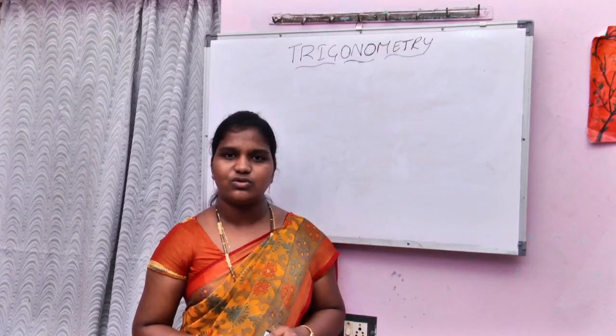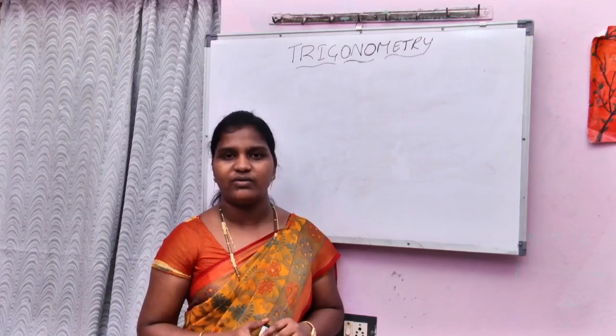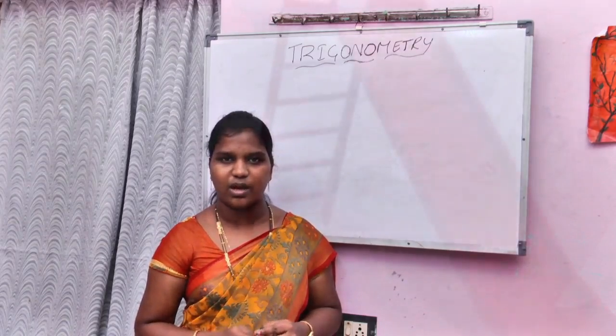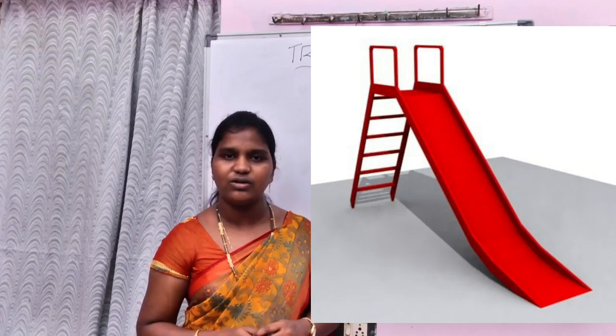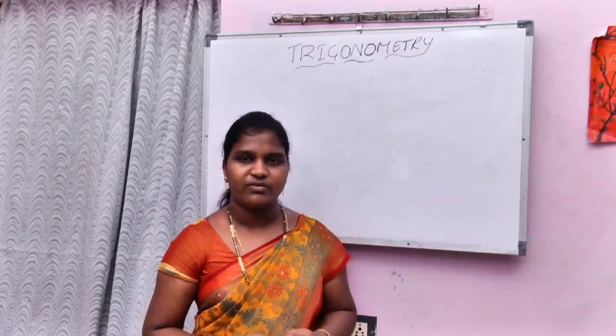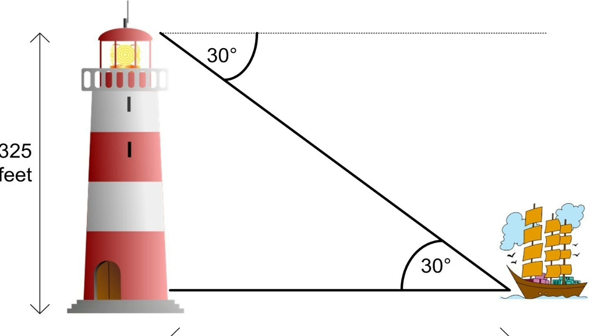If a child goes to a playground and first observes a sliding bar, we can see that the sliding bar makes a certain angle towards earth. Or if I was standing on a lighthouse tower and a boat is arriving towards the tower, I want to know the distance, or at what angle I was observing the boat, or the distance between the boat and the tower.